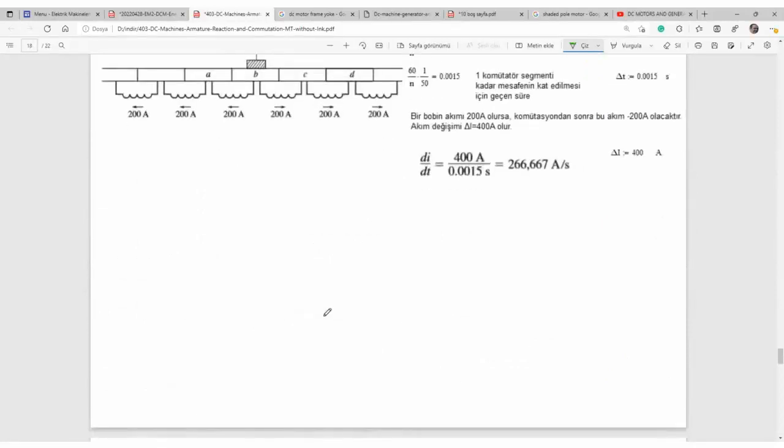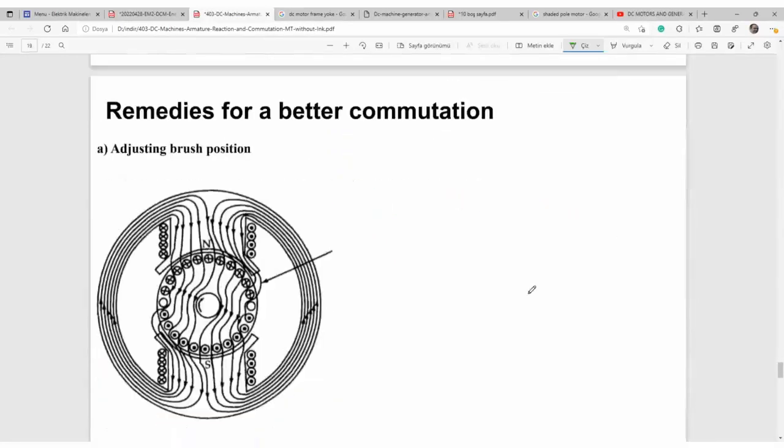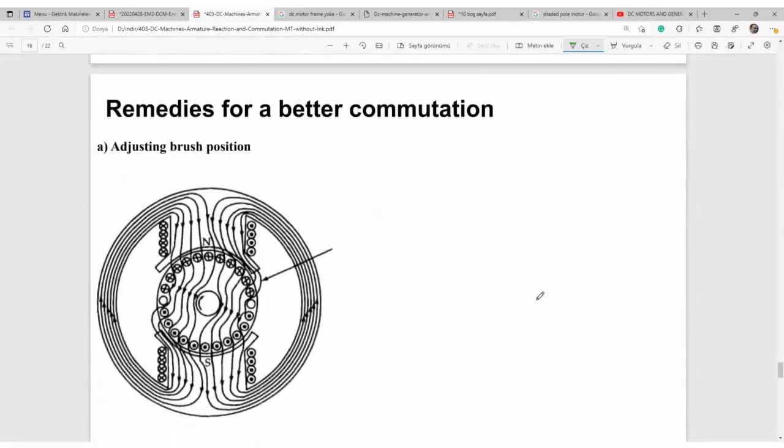I will not go deeply into this topic, so you are not responsible for commutation problems in depth, but the same remedies will work for commutation. Adjusting brush position, yes, we talked about this.